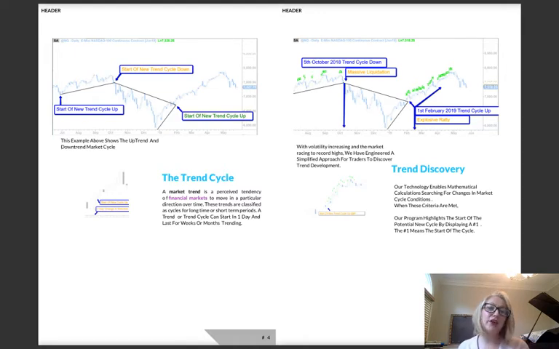Depending on how you're acquiring that understanding and your perspective of it, you can see on this chart the start of a new trend cycle, a trend going up and then a trend going down, a trend going up and down. All right, so let's move over to the next one, trend discovery.